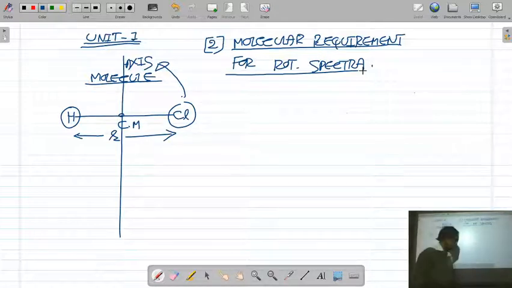As I told you, homonuclear molecules which do not possess the dipole moment are not able to give the rotational spectra. Only heteronuclear molecules which possess the dipole moment can give the rotational spectra.